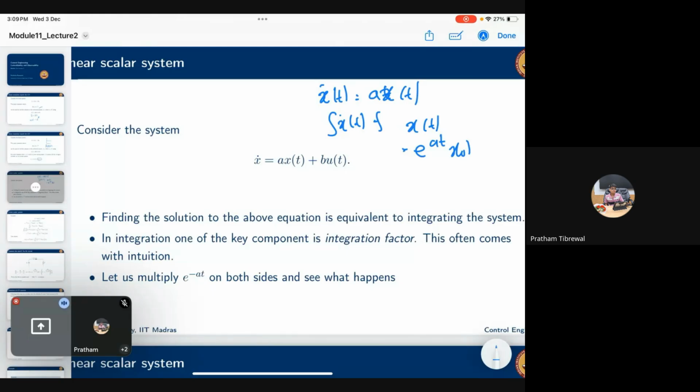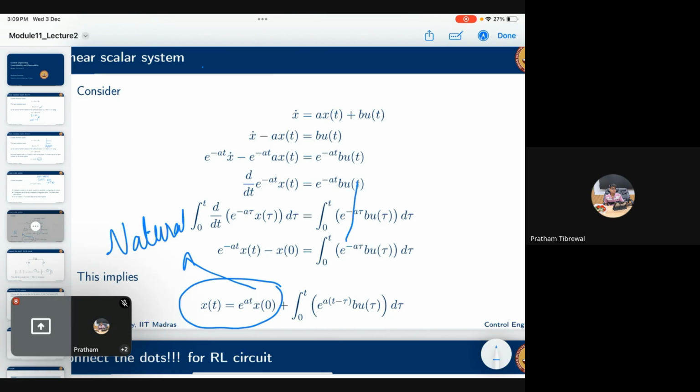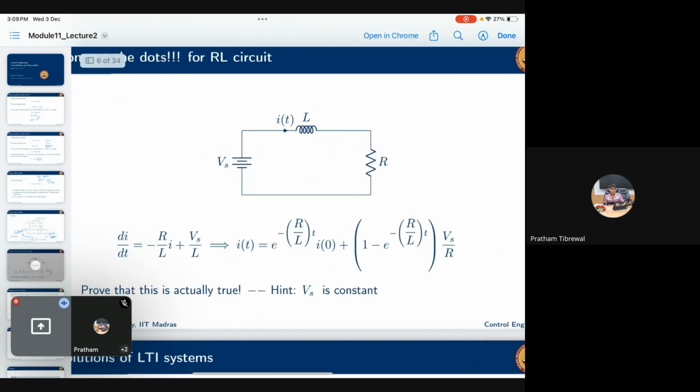I'll just skip the steps of integration. But what we will see here is that I have my natural response, and this becomes my forced response. Forced response is the response which comes after the input.